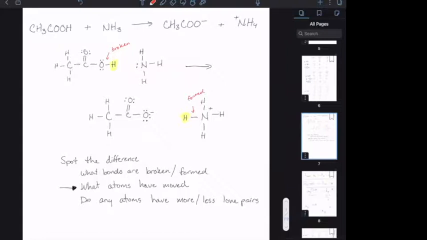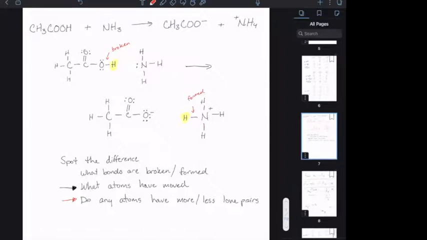This is where we can use our electron pushing arrows to really show what's going on in this reaction. So we've identified what bonds are broken and what bonds are formed. Now we want to focus on whether any atoms have more or less lone pairs than they used to, right? Meaning if we look on the right-hand side of this reaction, do any of my atoms have more lone pairs than they did on the left-hand side? Do any atoms have less lone pairs than they did on the left-hand side?